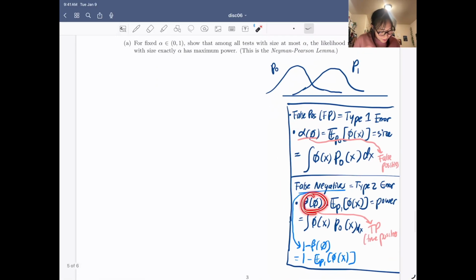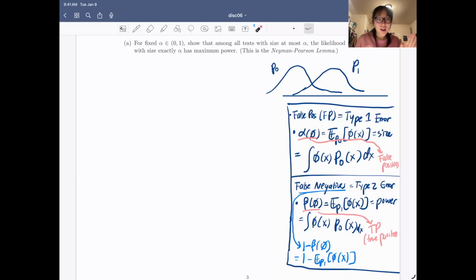This beta of phi is true positives, and you can think of it as this is P1, and the original distribution is P1. And as a result of being associated with true positives, 1 minus the power is then associated with false negatives, which is associated with type 2 error.